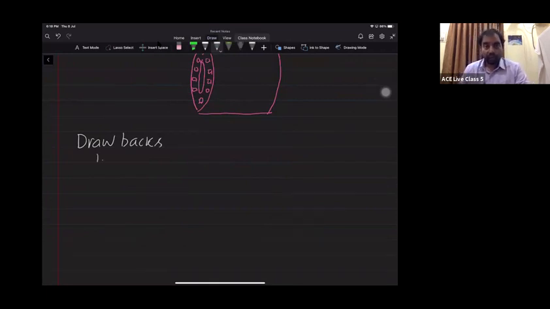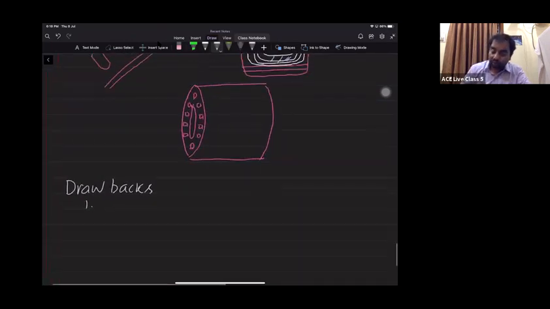Here, we cannot see the slots from inside the core, but if you stand next to the core, then you can see the slots are available inside the core. If you open the machine, you cannot see the slots from inside. But when you come next to the machine, then you can see the slots. So what does the winding procedure mean? You take the conductor, place it in one slot, go to the other side, take it out.